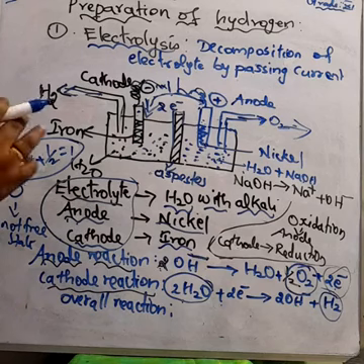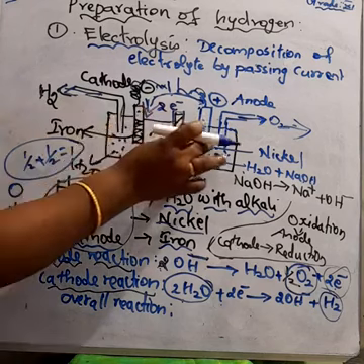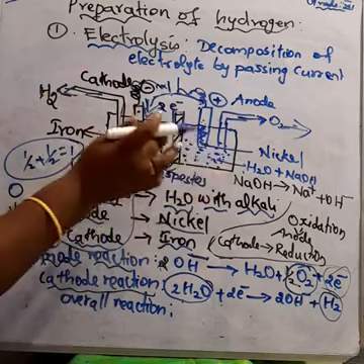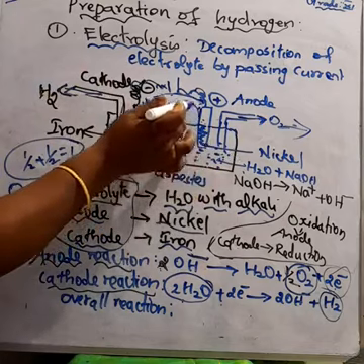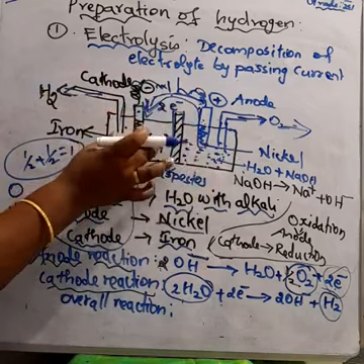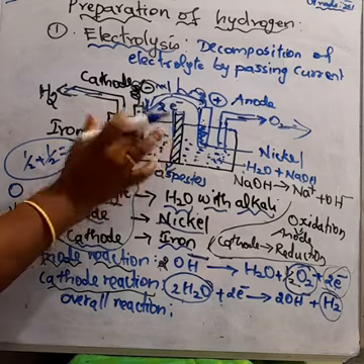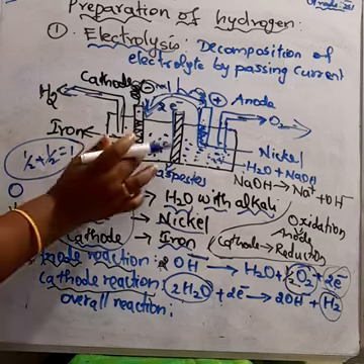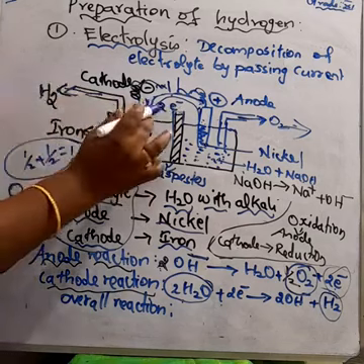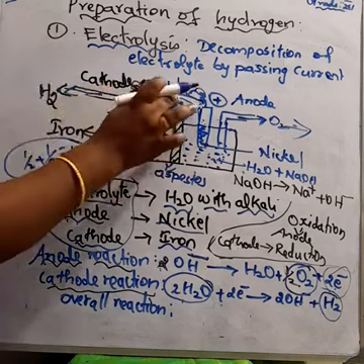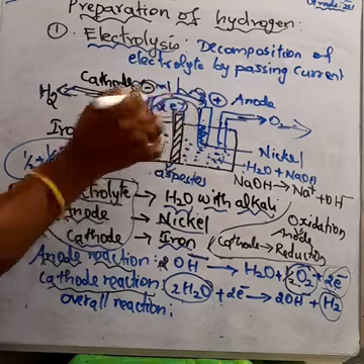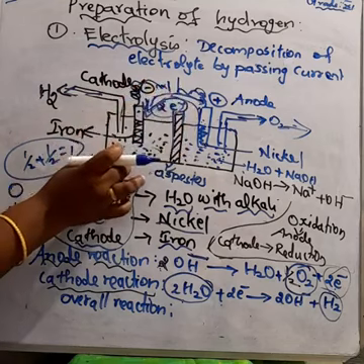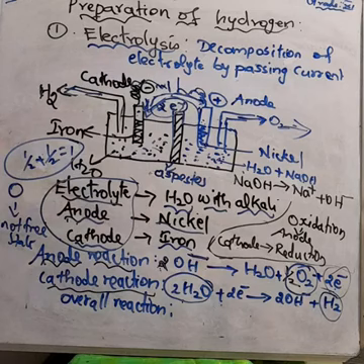At the anode, the OH minus ion, the base, releases 2 electrons. These electrons enter the cathodic electrolyte. The water molecule present in the cathode accepts these 2 electrons to form hydrogen gas.